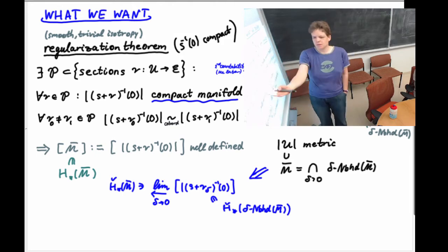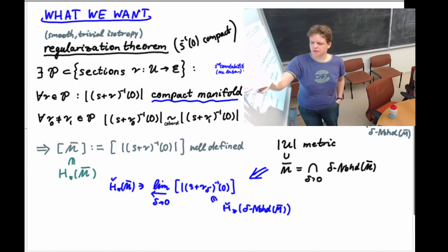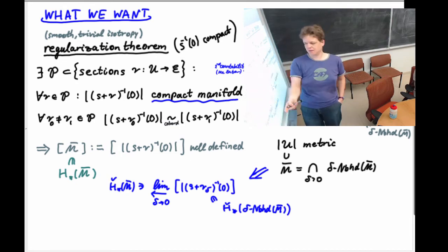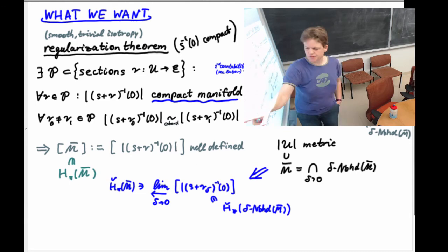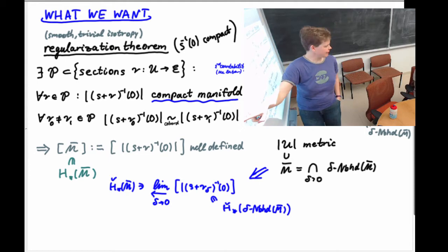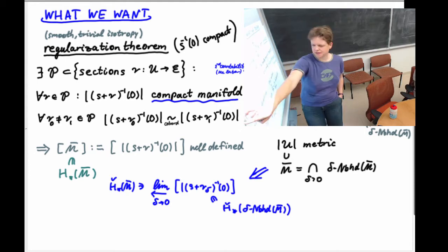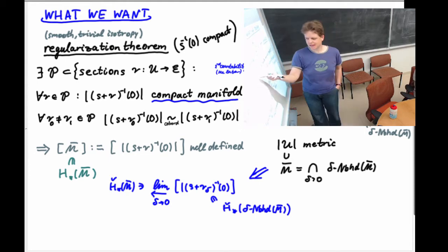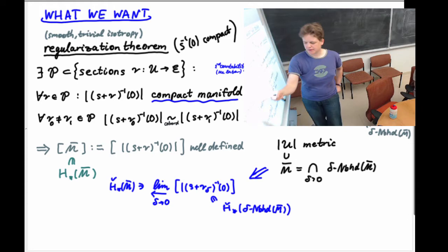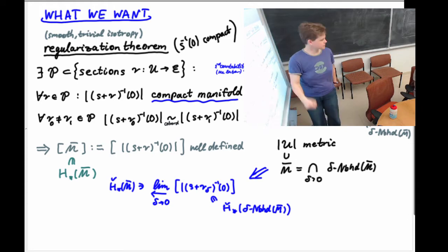So we would like some set of sections that regularize the moduli space, in the sense that if you perturb in the functorial way and take the regularization, I should then get a compact manifold out. And if I perturb in two different ways, the compact manifolds I get should be cobordant.